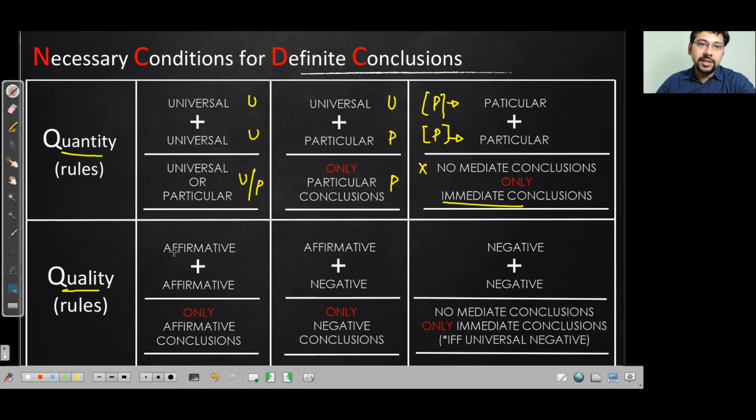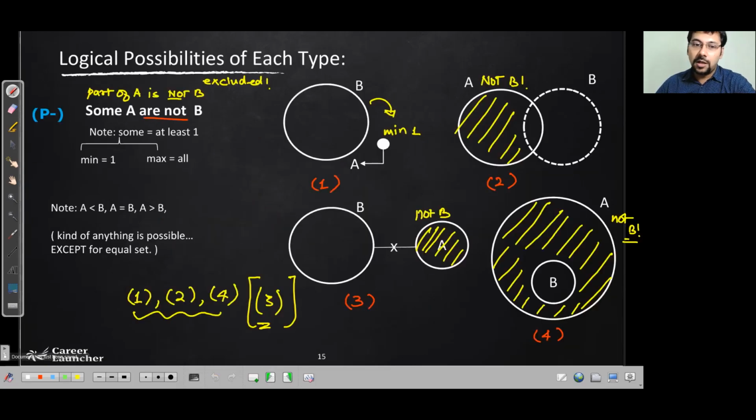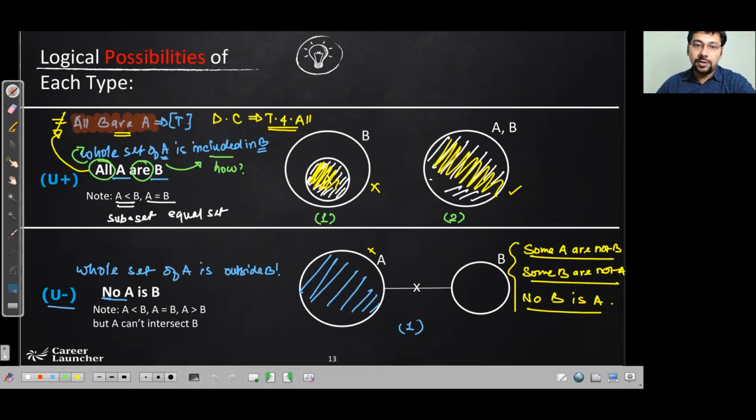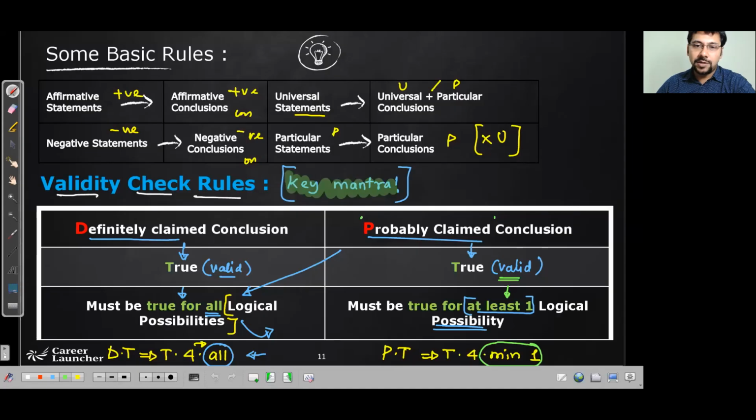With respect to quality, the same things happen. If we talk about two positives, they only give us an affirmative conclusion. If we talk about one positive and one negative, we go only with negative. And when we talk about two negative premises, then no conclusion is possible. Only the immediate conclusion is possible, and that too, only if it's a universal negative. Remember, particular negatives do not take any conclusion. I'm just going back to the table to make you understand.